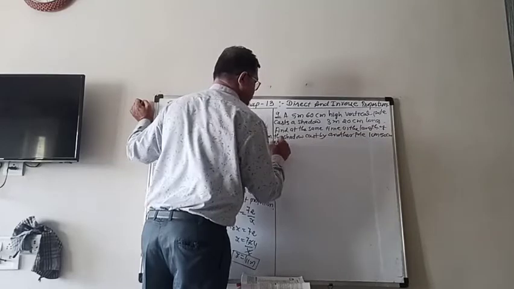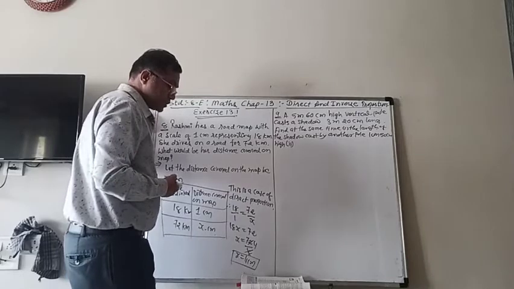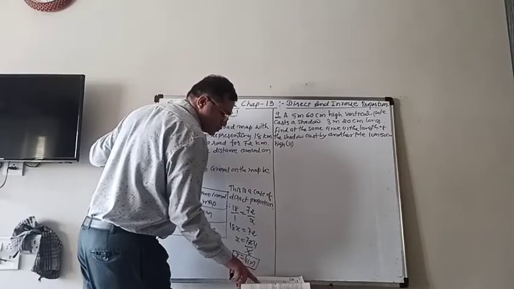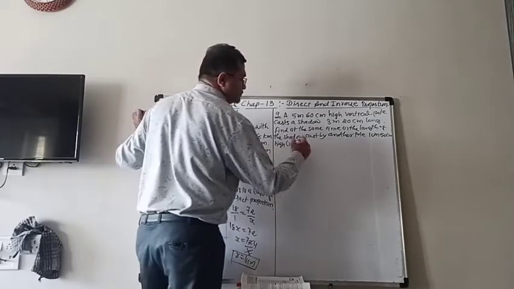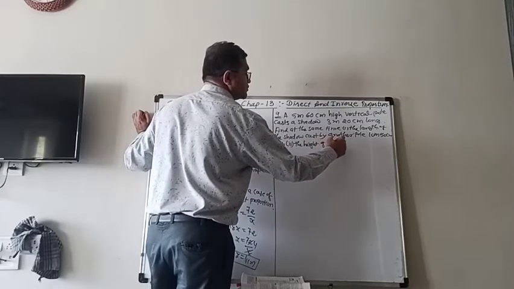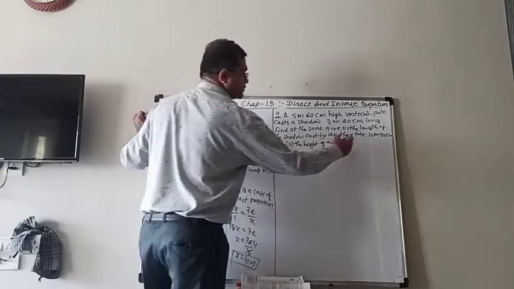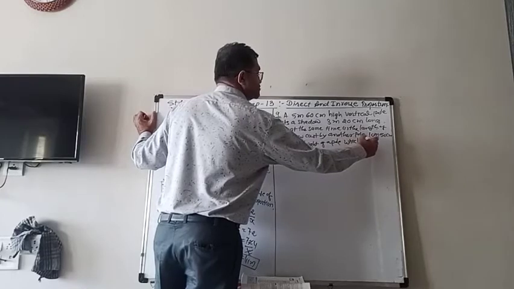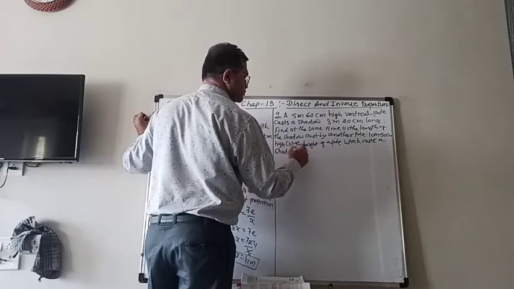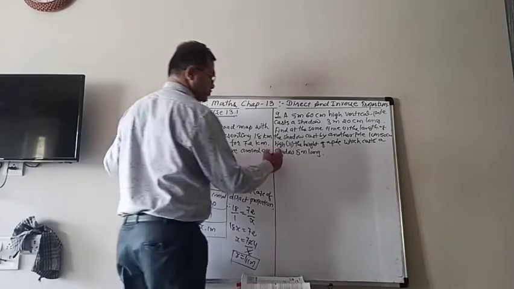And second, the height of a pole which casts a shadow 5 meter long.